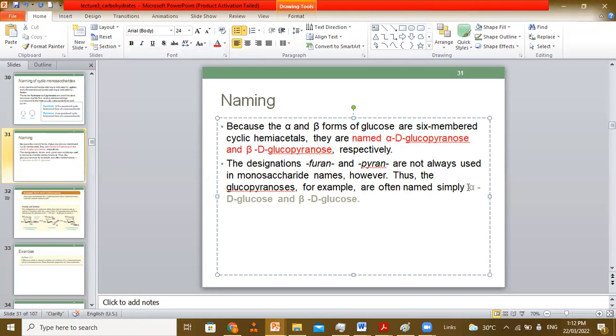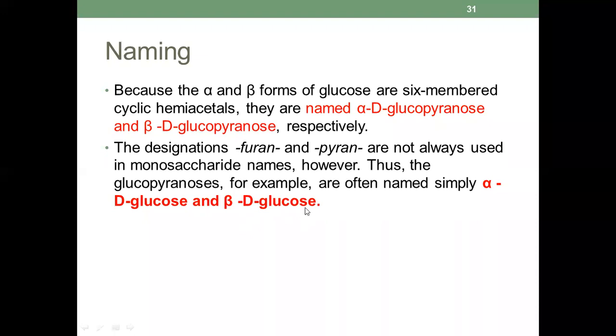Or you simply call them alpha-D-glucose or beta-D-glucose respectively.